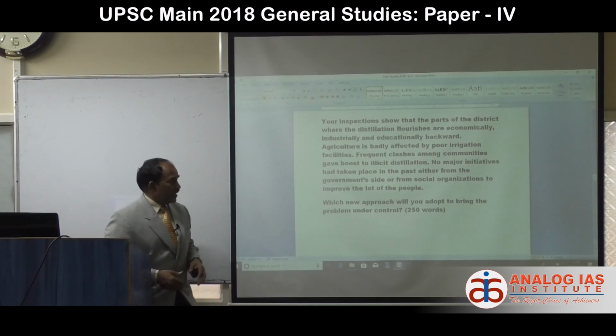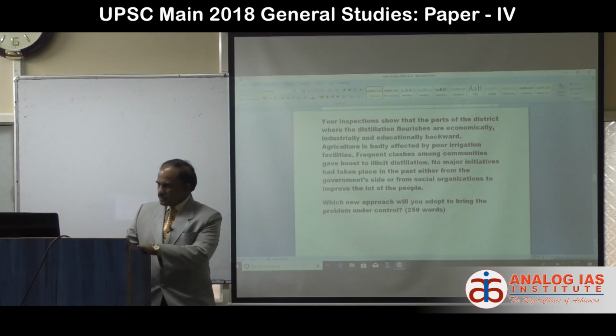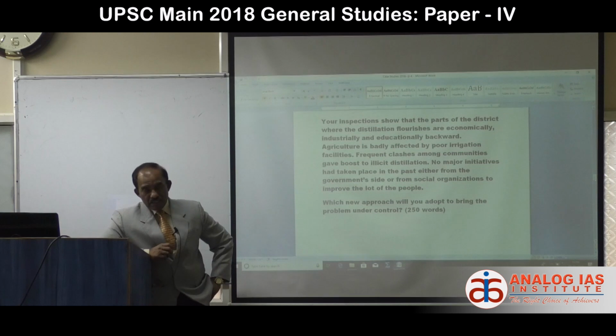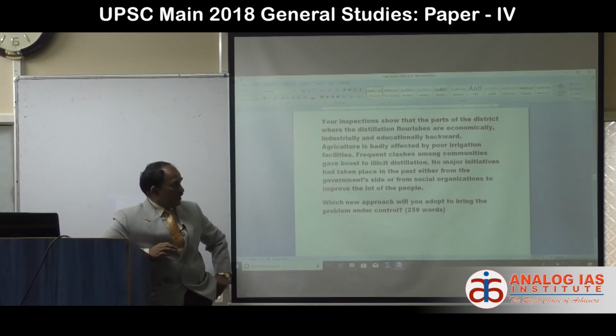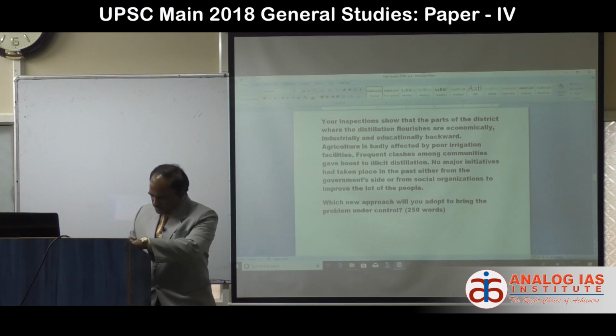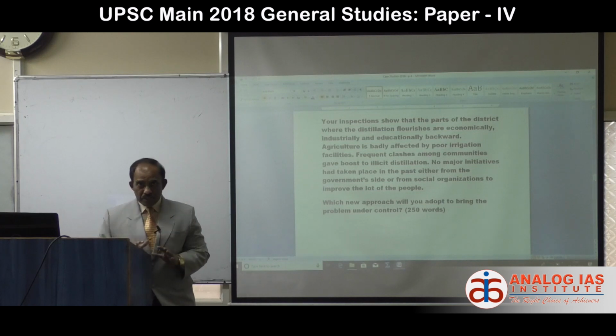But more importantly, education, that is the key for development. And like in Bihar, where such educational initiatives were taken, such initiatives can be taken in this particular area also. Especially the education for the girls, that will definitely yield very good results.